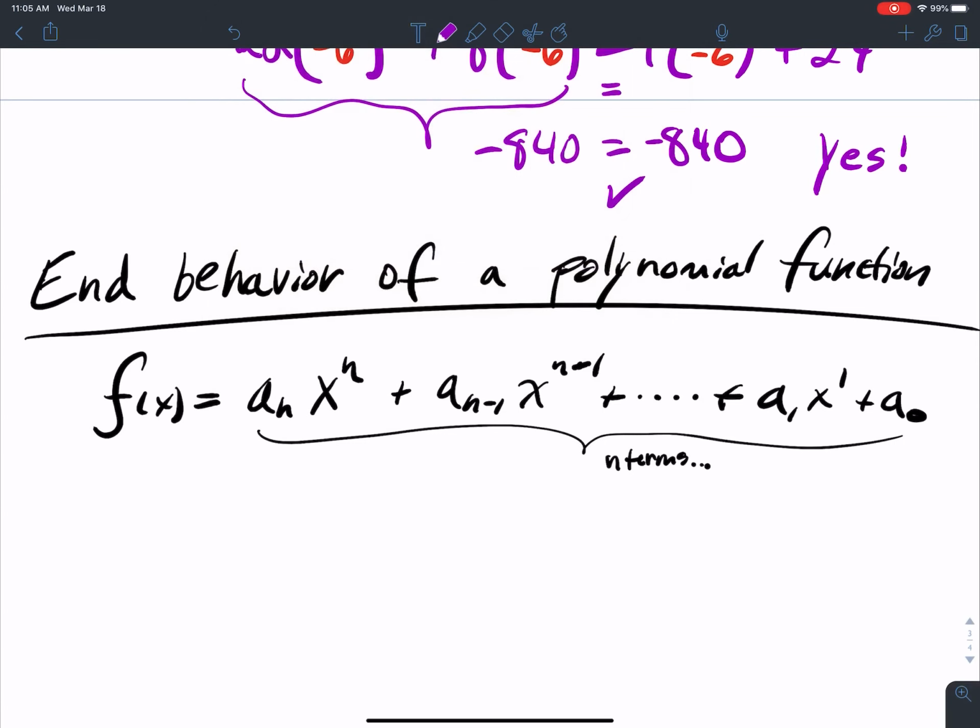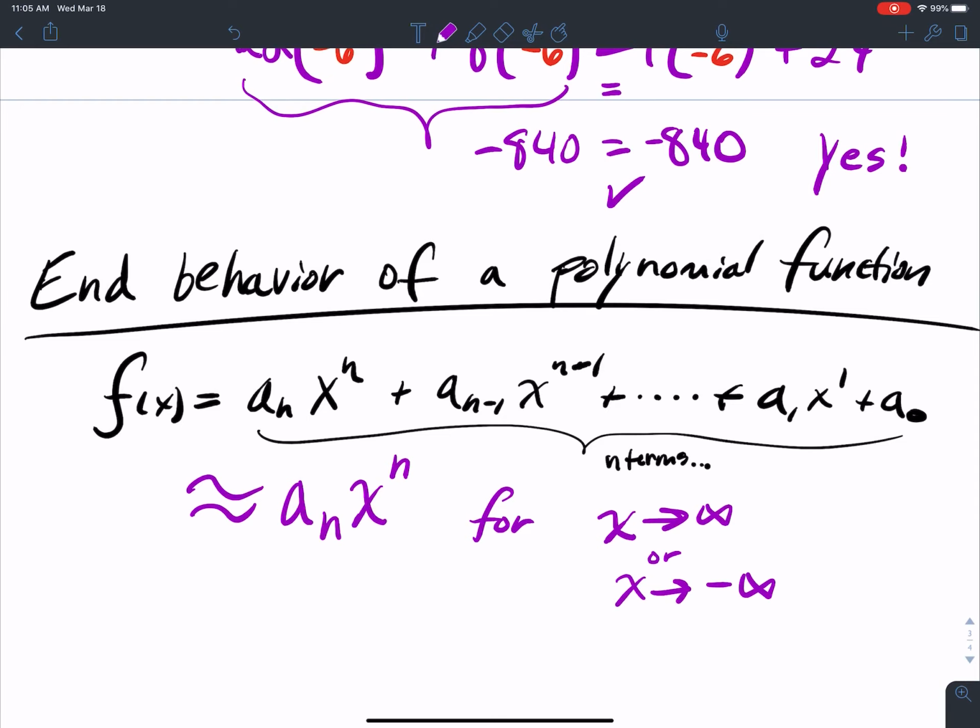When I'm talking about end behavior, the biggest term dominates at infinity. So the biggest degree term is a_n x to the n, for x going to infinity or x going to negative infinity.